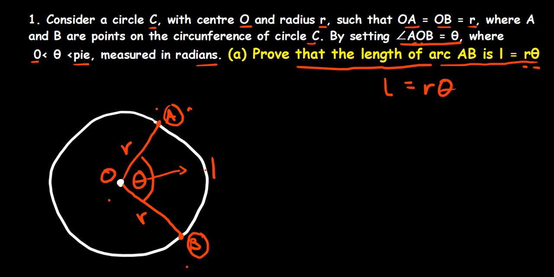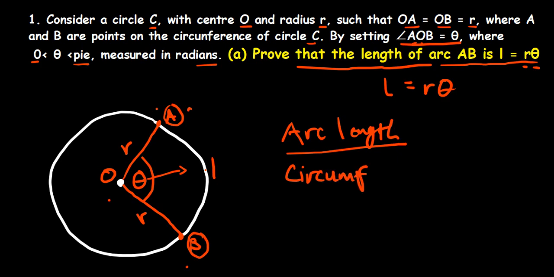So we are going to say arc length divided by the circumference. This circumference here is the length of the entire circle.